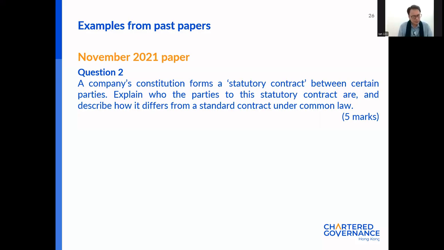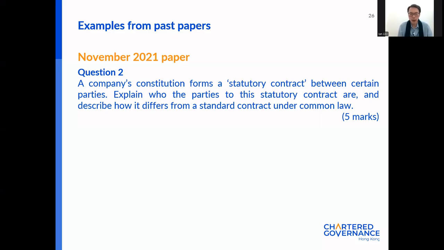Now, it is an interesting concept because the parties to the articles, the parties to the statutory contract, can change. For example, if I was a shareholder in a company and I decide to sell my shares to someone else, I am no longer a member of the company after I sold my shares.